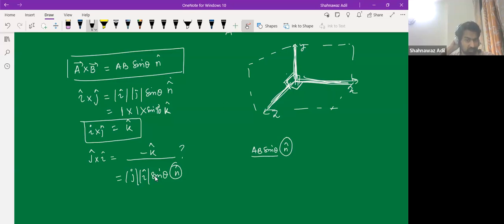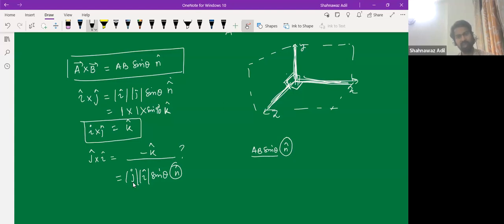Magnitude of J hat is how much? J is a unit vector. What is the magnitude of J vector? How much would the magnitude be? We have just talked about this. These are unit vectors, all right.